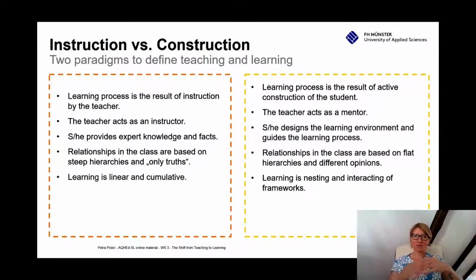Under the construction paradigm, we understand that learning is nesting and nonlinear, and that learners learn by interacting frameworks, and that they might learn the fourth piece of information before the first.